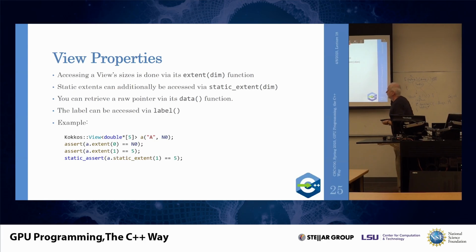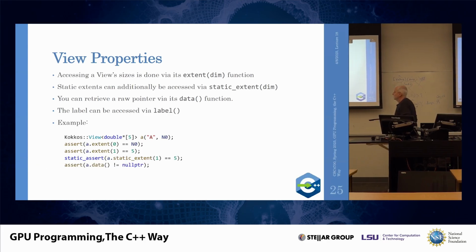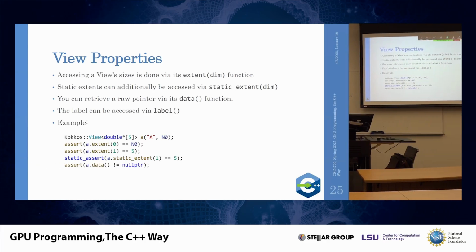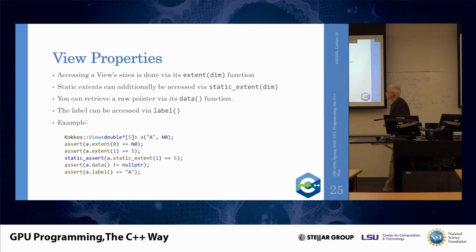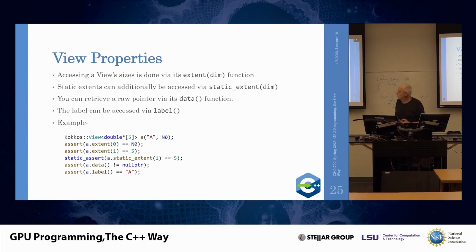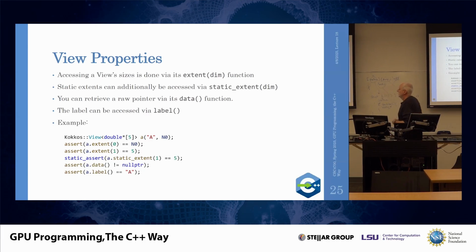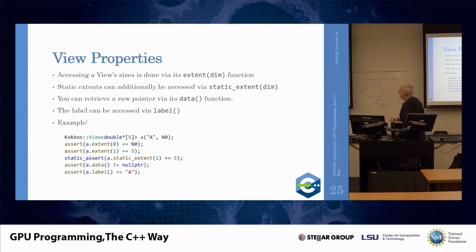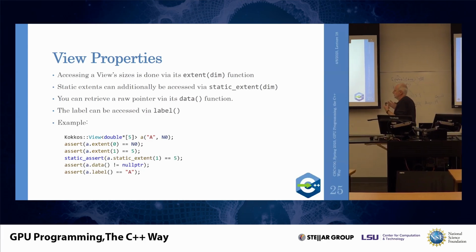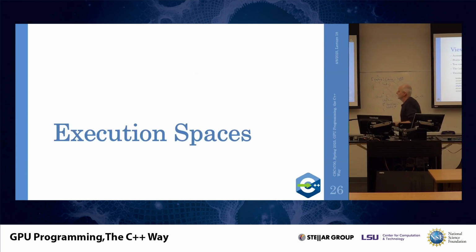That's why it's separate from the plain extent function. You can ask for the data, you can ask for the label, things like that. So nothing unexpected here. Really just for the completeness of the picture, I'm giving you these facilities a view exposes.